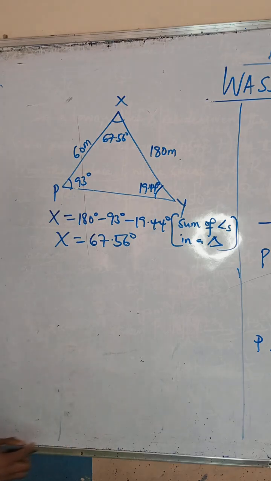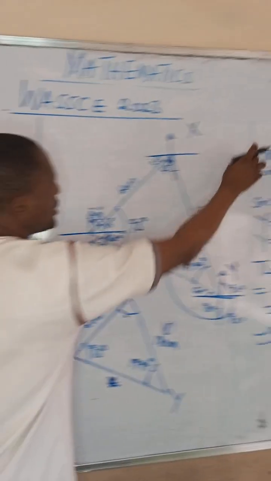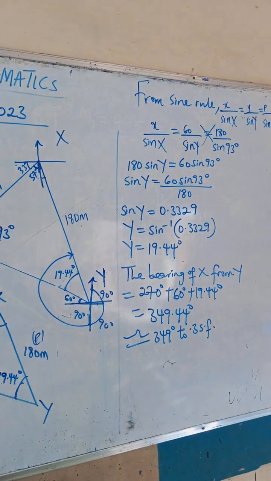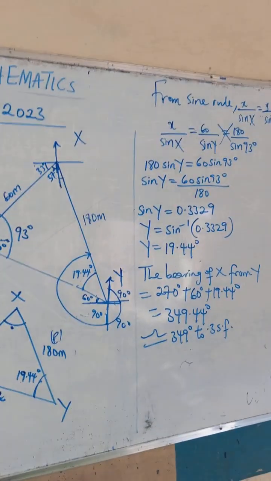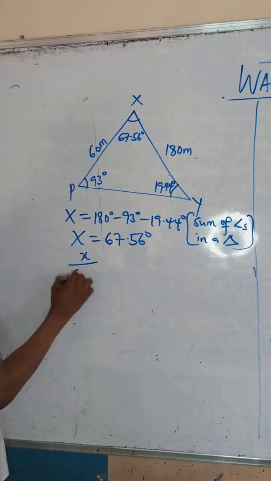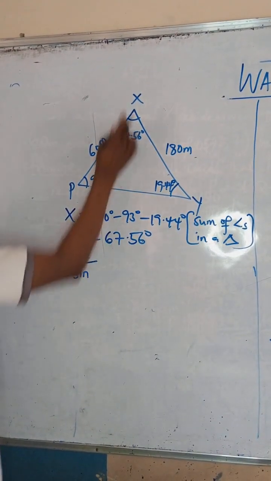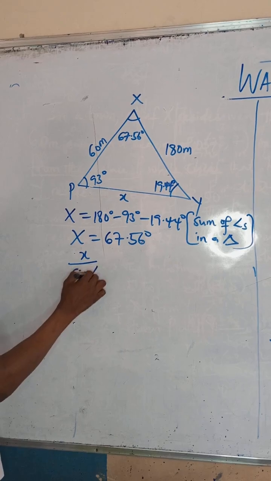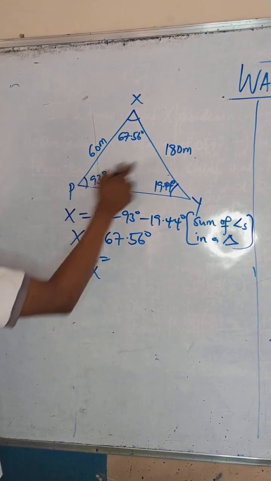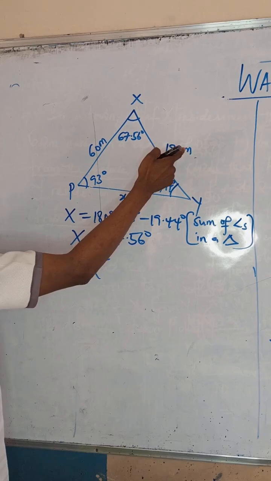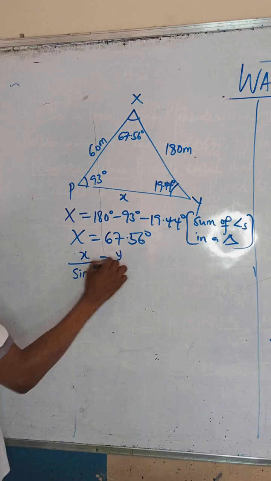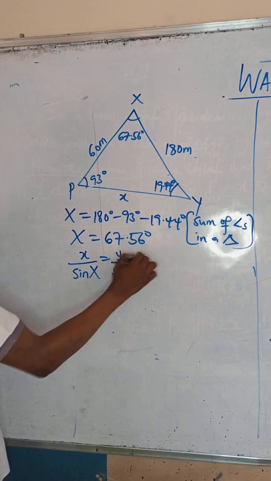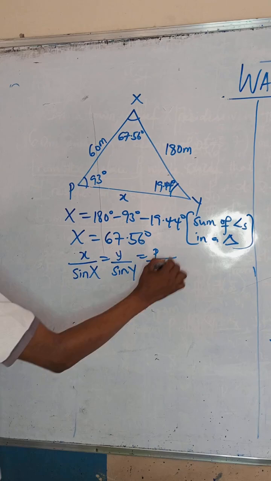So let's go back to the initial sine rule which we have written. From that sine rule, I wrote small x over sine x equals y over sine y equals p over sine p.